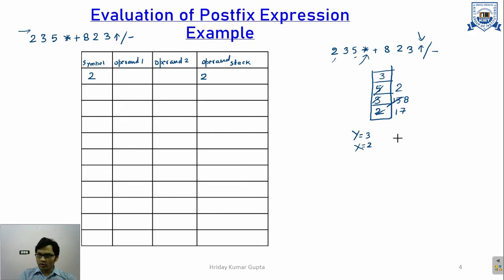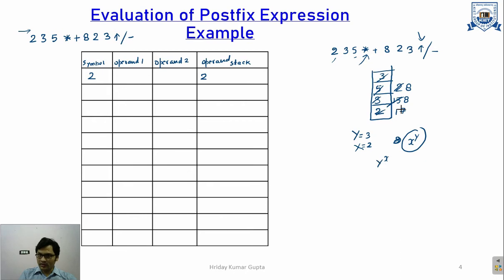Now I am going to apply x power y. This is very important. x power y means x to the power y. Listen, don't make a mistake. Not 3 to the power 2. This is 2 to the power 3. So I have to write 2 power 3. This is 8. Okay. So x power y, not y power x.